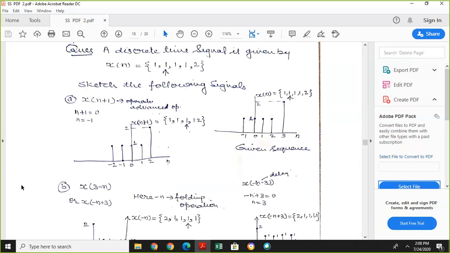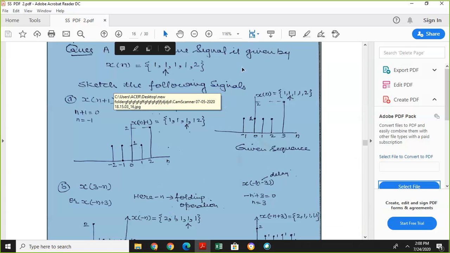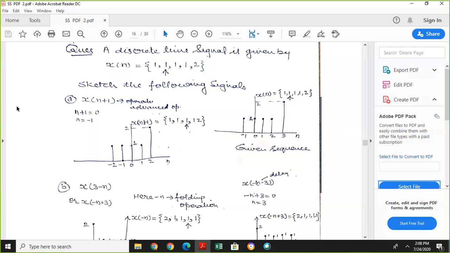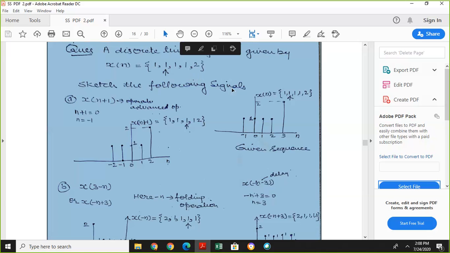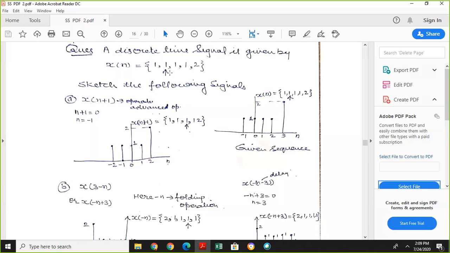A discrete time signal is given by x of n by this sequential representation. Sketch the following signal. Just as you did in continuous time signals, you will do the same process here. Here the original signal x of n is given. First you draw this original signal in this diagram. This arrow indicates that n is 0, n is 1, 2 and 3, and here it is minus 1.